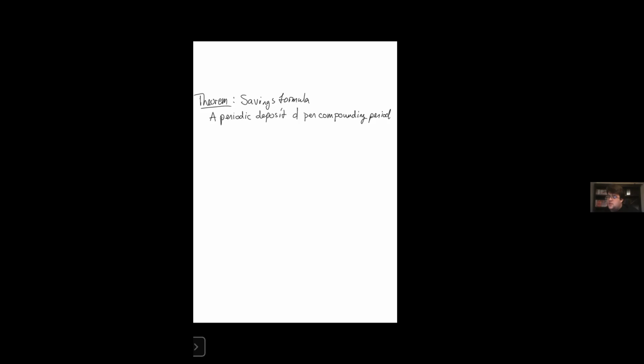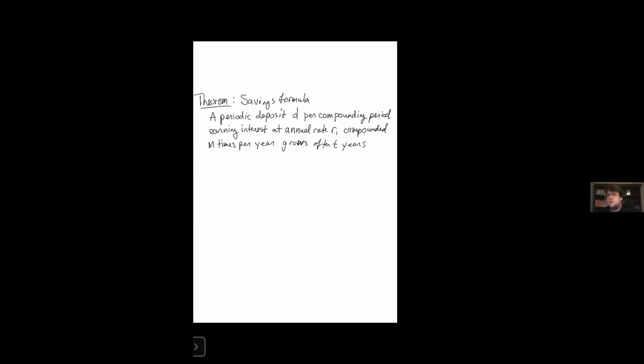A periodic deposit D per compounding period, earning interest at annual rate R compounded n times per year, grows after T years.